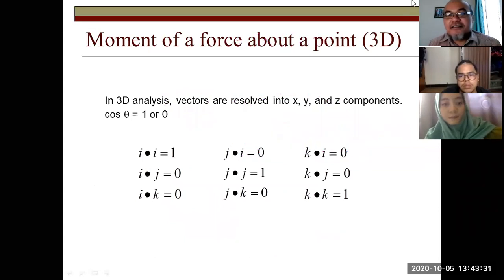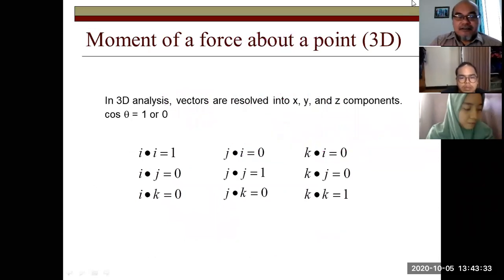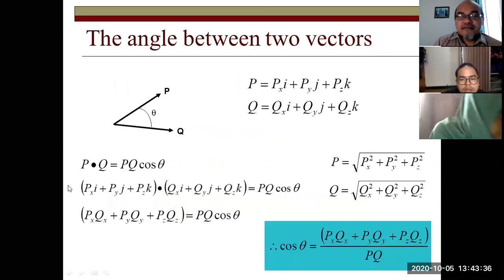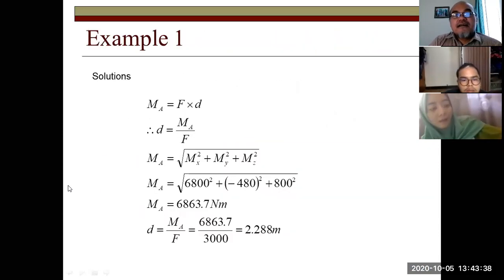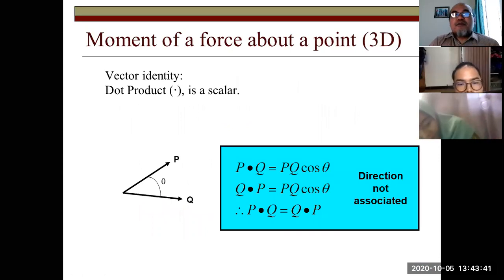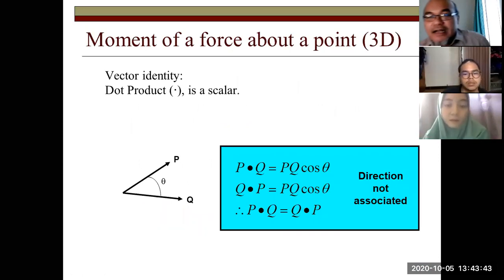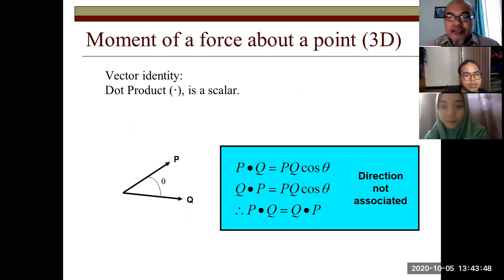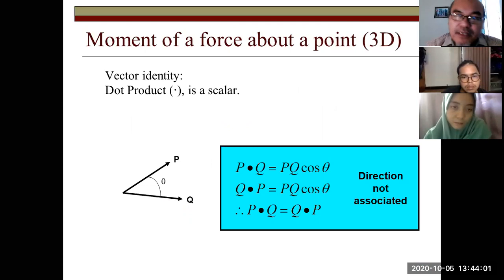Okay, let's continue with the other concept: moment of a force about a point. In 3D, another operation between two vectors is the dot product, which we also need to use later. A dot product result is a scalar. When we have two vectors with an angle theta between them, P dot Q equals the magnitude of P multiplied by the magnitude of Q multiplied by cos theta.